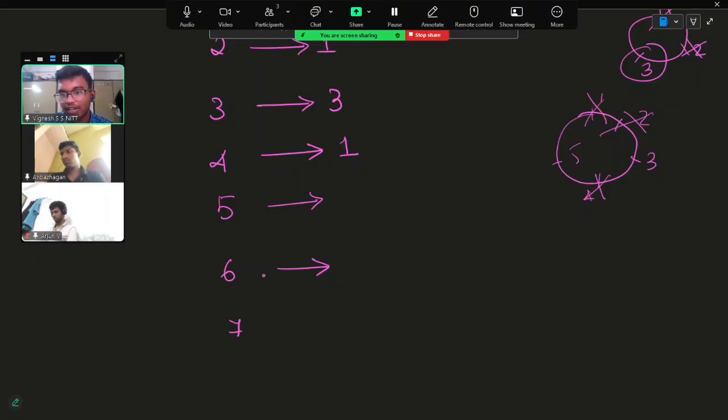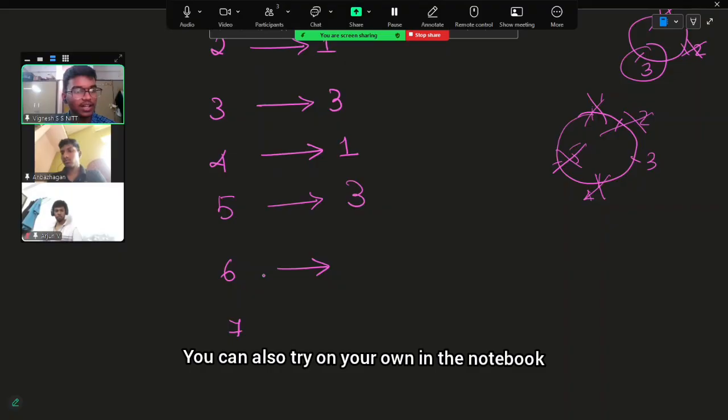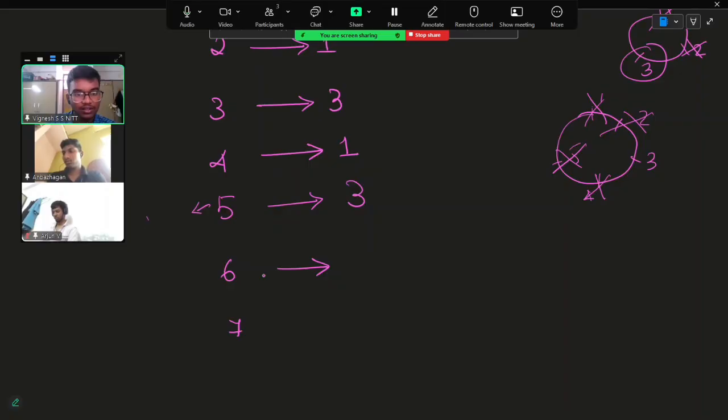After that, 3 will again kill the 5. So 3 is a survivor. Is there any doubt here? You can also try on your own in the notebook which you are having. So for 5 people, the third location is the survivor.